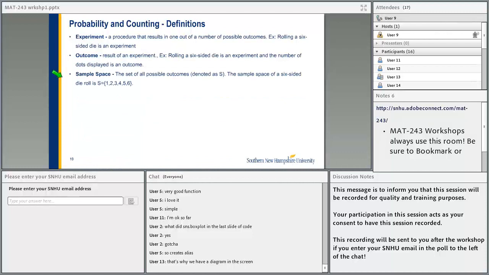Sample space, it's a set of all possible outcomes denoted as S. The sample space of a six-sided die roll is S equals, so we use the braces, the curly brackets, and we write all the values that we can possibly get if we roll a die. So the numbers 1 through 6 will be your sample space.